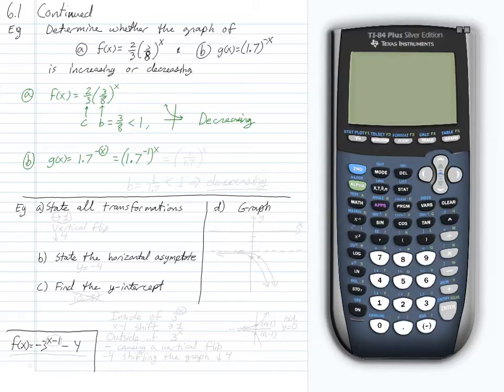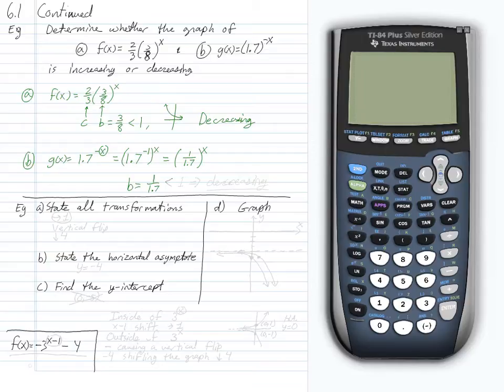Negative x is negative 1 times x, and a product in the exponent can be thought of as raising the base to one of those factors and then to the other. Alright, well, 1.7 to the negative first, that's 1 over 1.7 to the x. Now, 1 over 1.7, we don't really need to know exactly what it is, but I recognize I'm dividing 1 by something larger than 1.